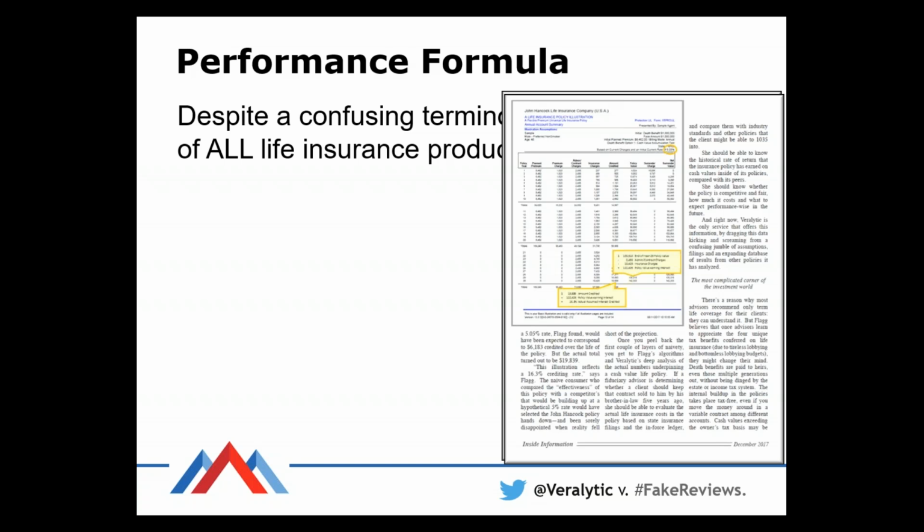And if you don't get the information that goes with that formula, if you don't get COIs and expenses and interest, read Bob's article, and he will talk about how you will be astounded about what you find in some of these illustrations.